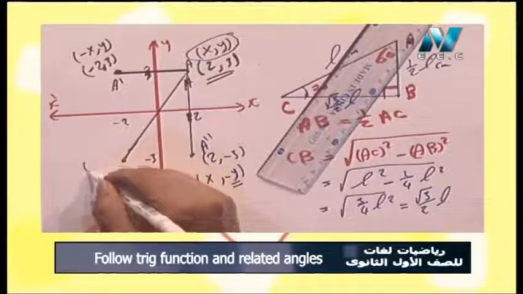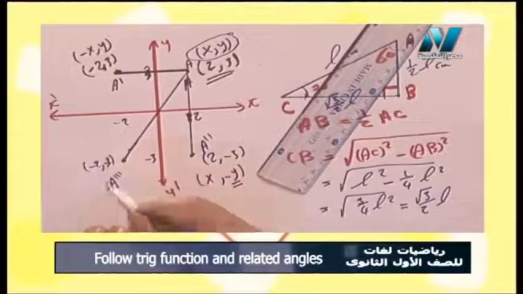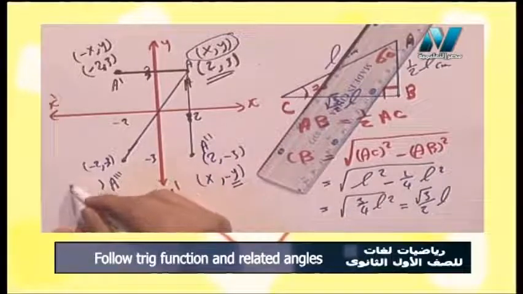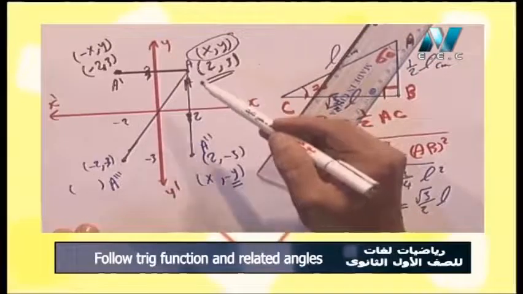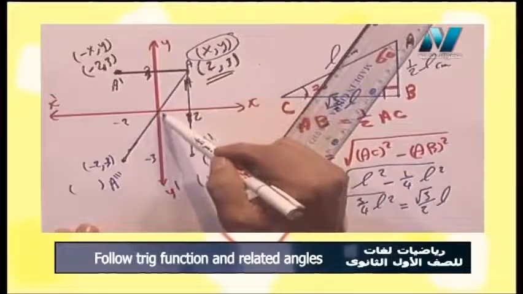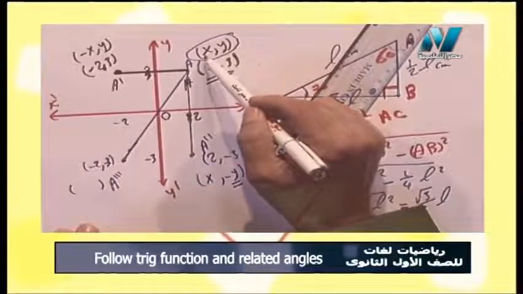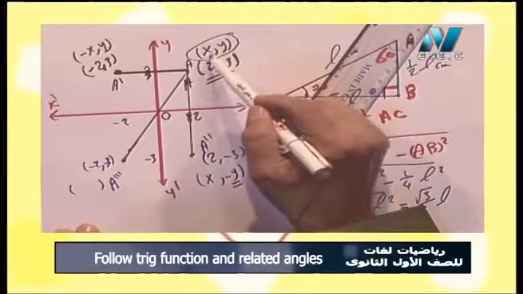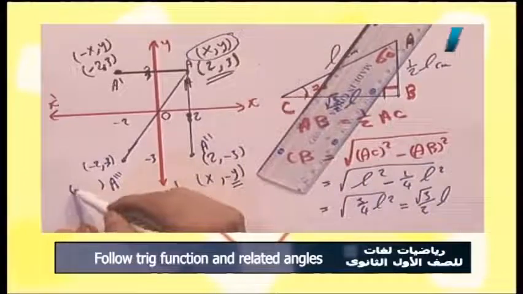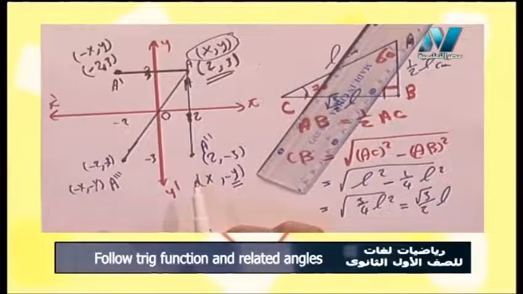And this point will be negative 2 and negative 3. You can notice that if we find the image of the point in the origin, we will reverse both x and y. If it is x and y, it will be negative x and negative y. We will reverse the sign.